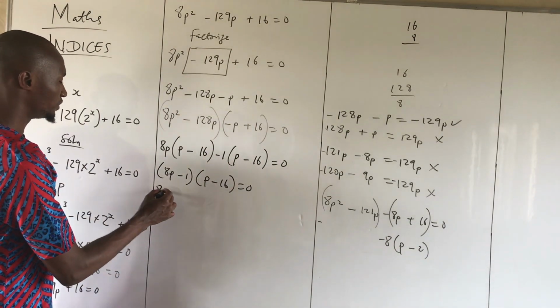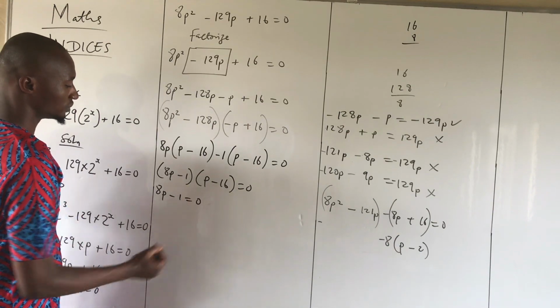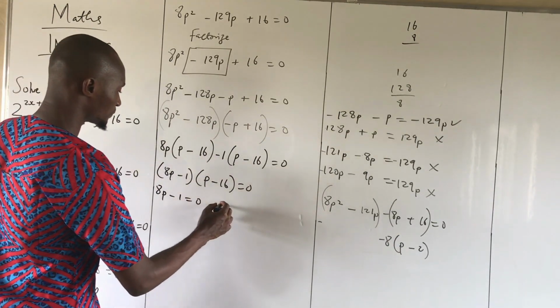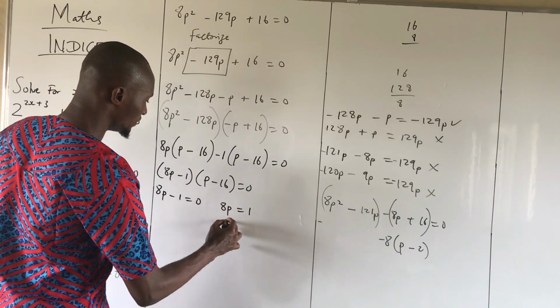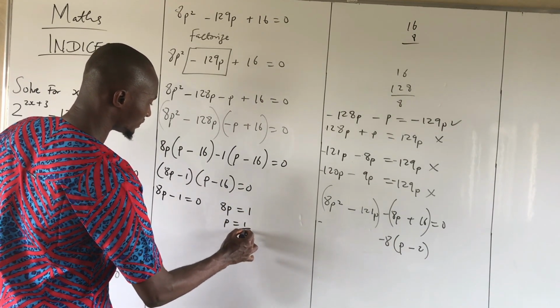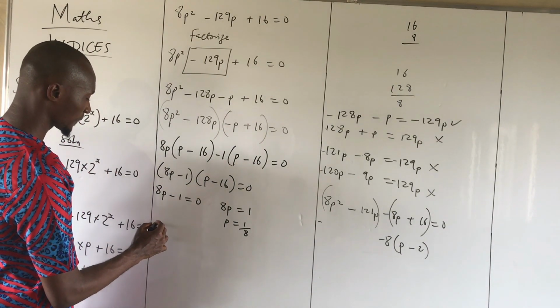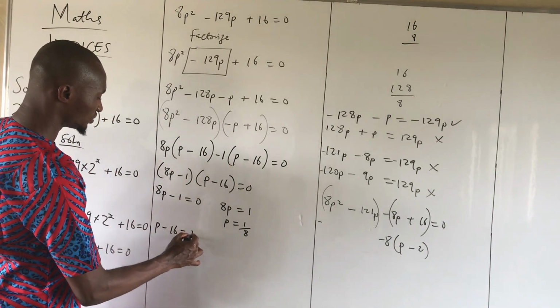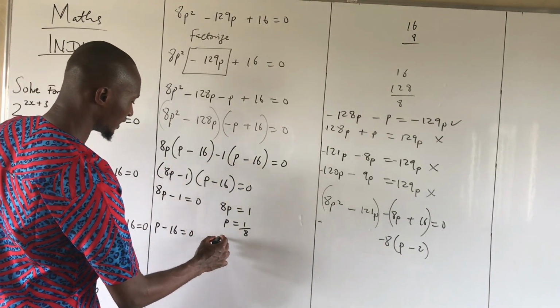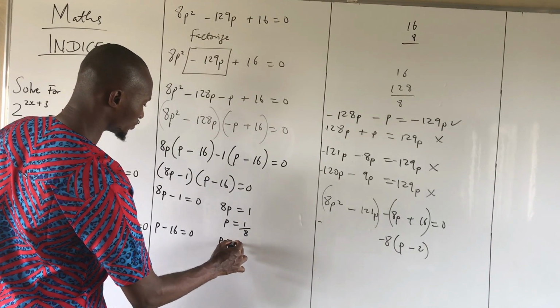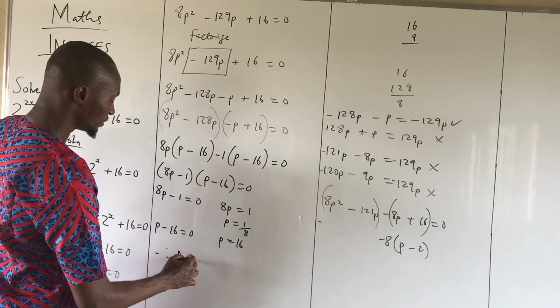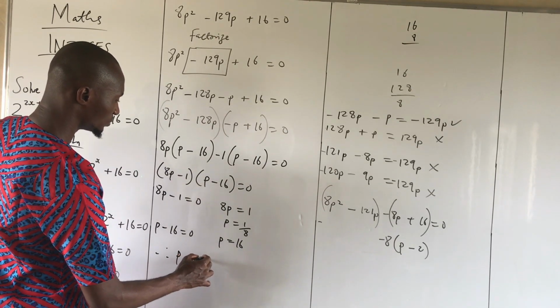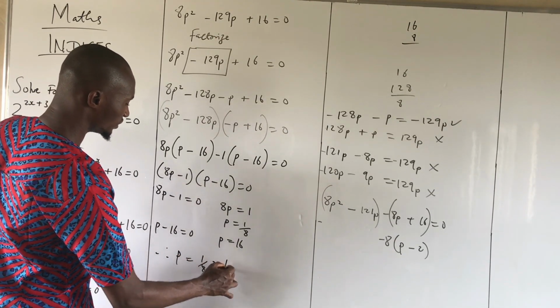So 8p minus 1 equal to 0. This means 8p equals 1, p is equal to 1 over 8. Now, p minus 16 equal to 0. This implies that p is equal to 16. Therefore, p is equal to 1 over 8 or 16.